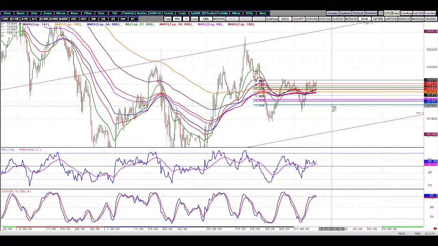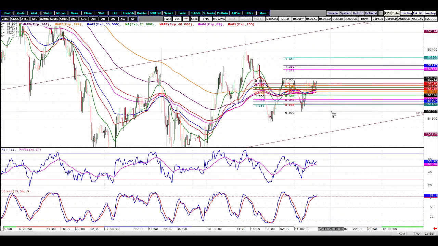So most likely we should be looking to buy somewhere near 151.70, then expect this high to break. If it breaks, then 152.20. We don't see any other big move happening, and this is a very quiet market.